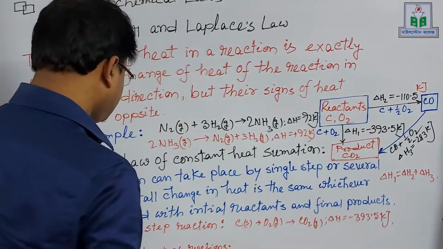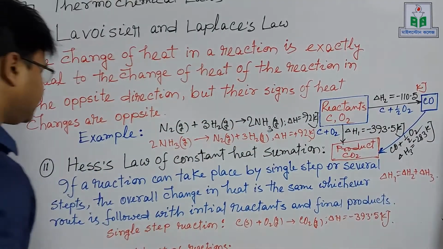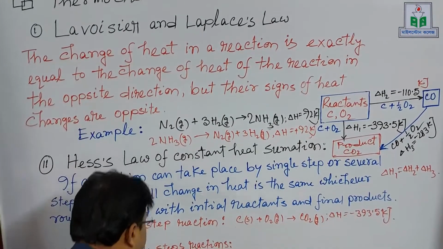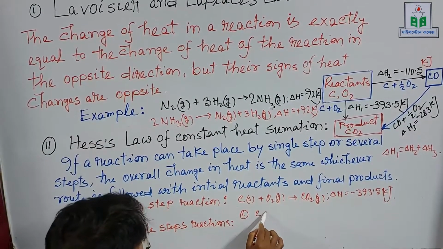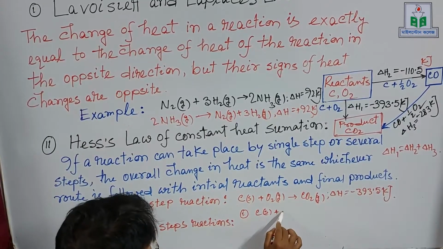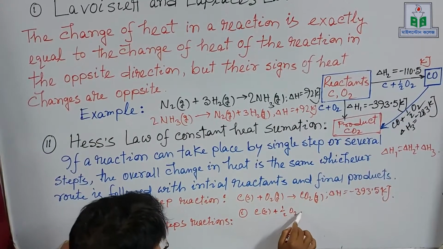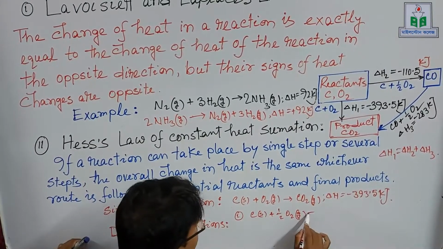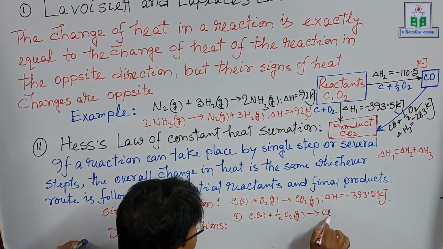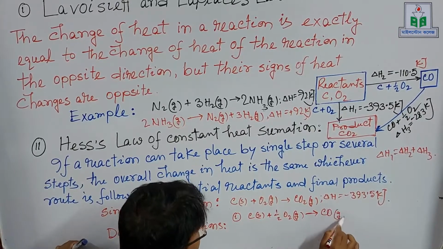Again, when the reaction occurs in two steps, at the first step carbon reacts with insufficient oxygen to produce carbon monoxide gas.